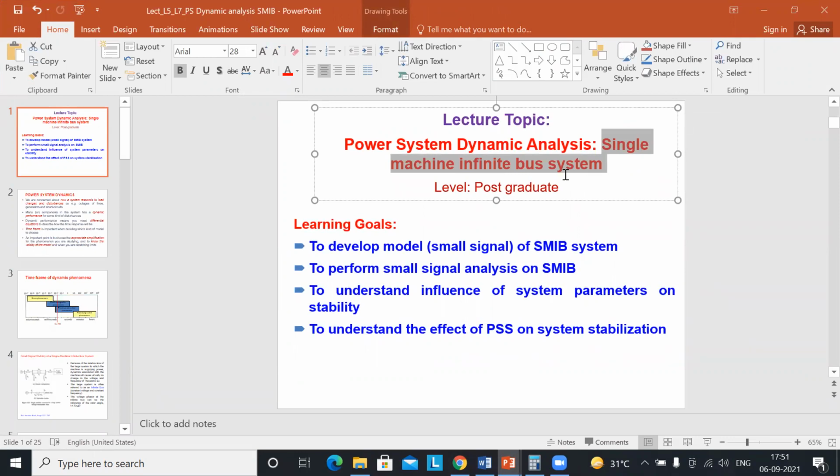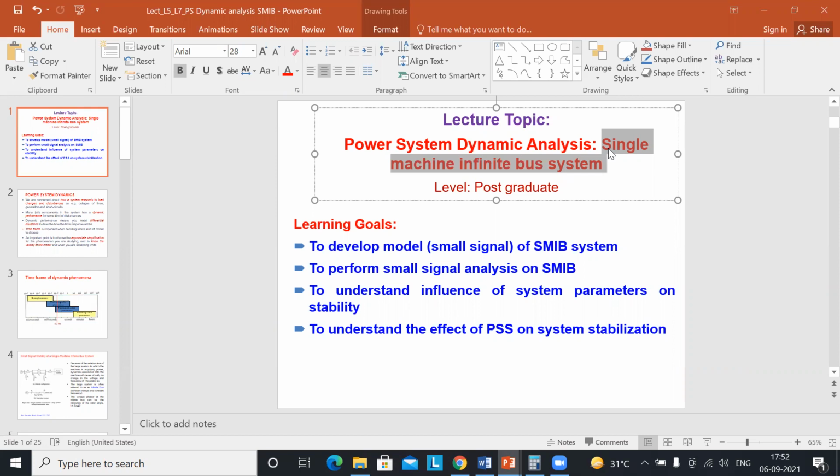Normally you have a large power network with several generators and lines, but our analysis will mainly focus on one generator connected through a line to a large power network.